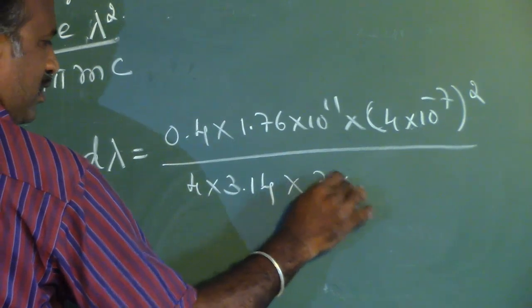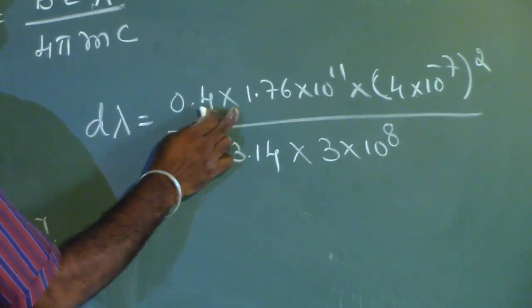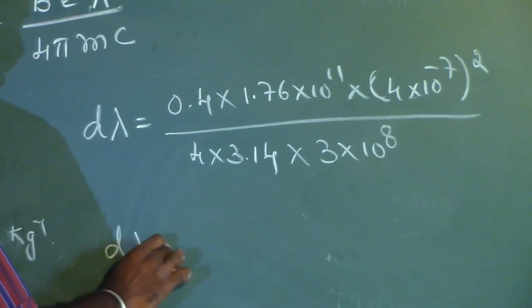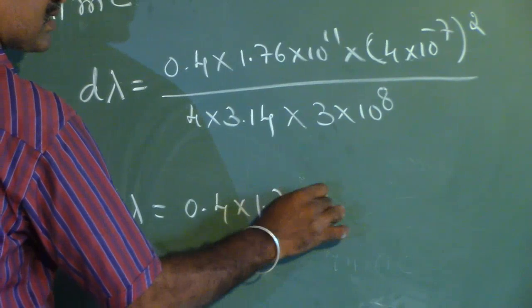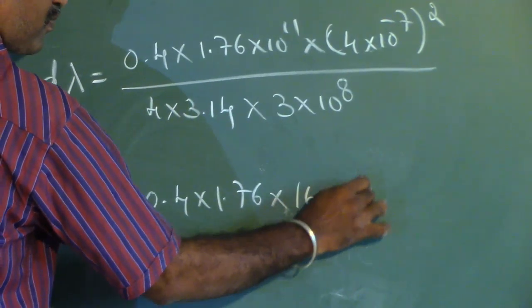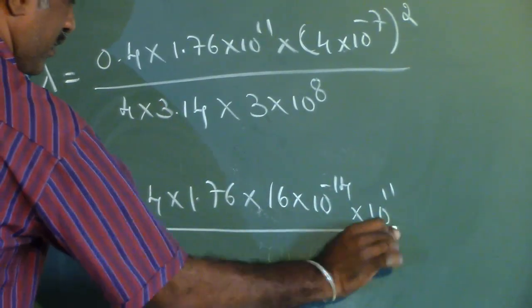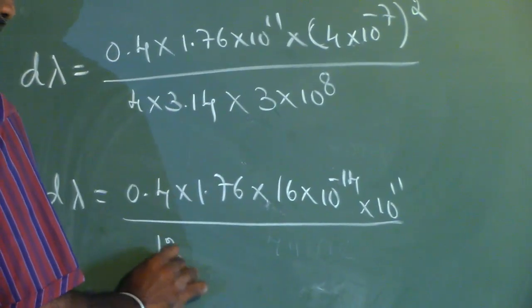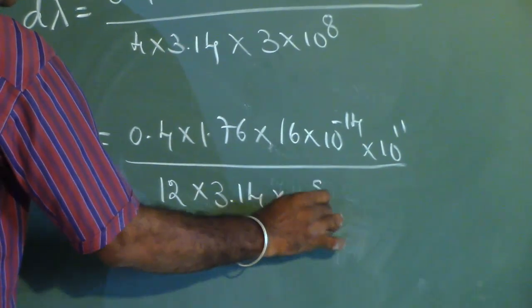Directly substitute the speed of light as 3 into 10 to the power of 8. Now if I simplify the numerator, we have 0.4 into 1.76 into 4 square, that is 16, into 10 to the power of minus 14 into 10 to the power of 11, the whole divided by 12 into 3.14 into 10 to the power of 8.